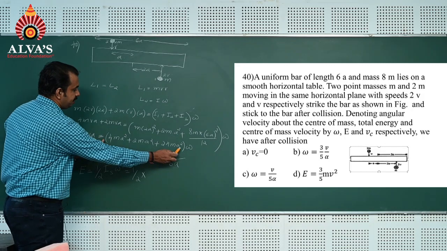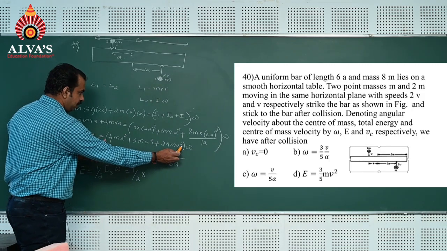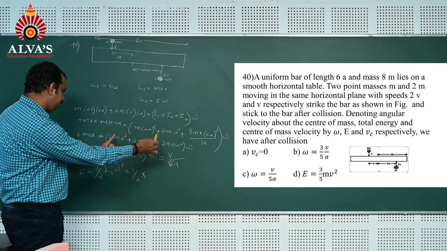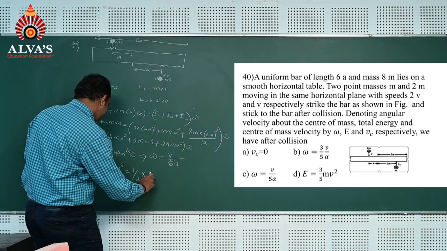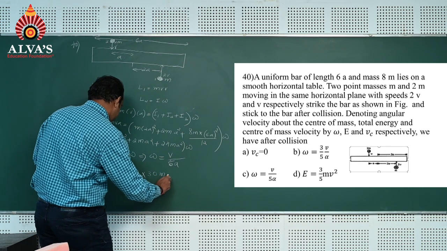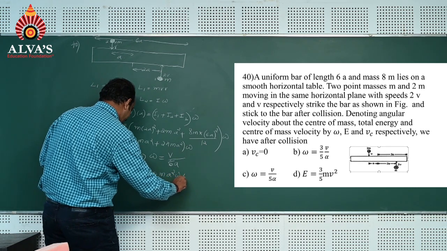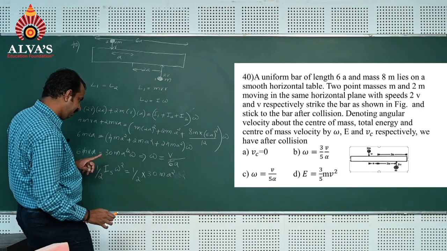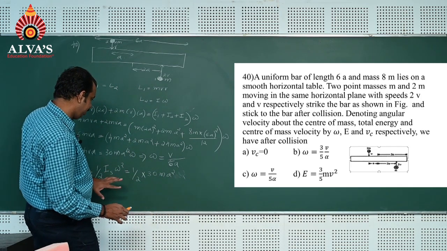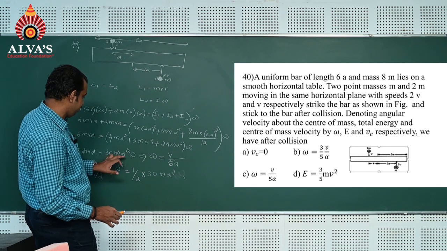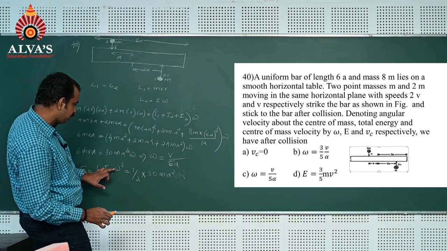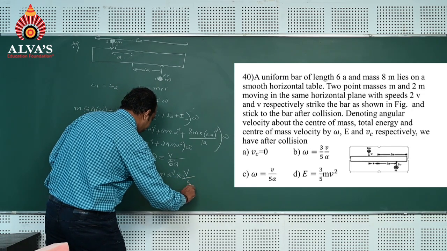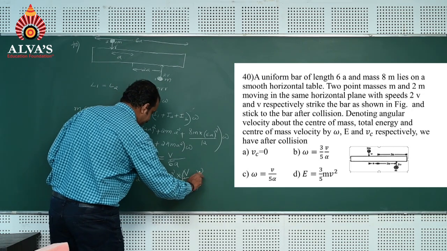So replacing I by this value, it is half into 30ma squared, and the value of omega we found is v by 5a, whole squared.